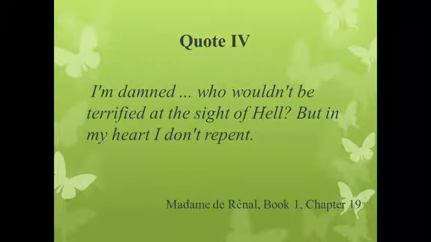And quote 4 is by Madame de Renal from Book 1, Chapter 19. "I'm damned, who wouldn't be terrified at the sight of hell, but in my heart I don't repent." Madame de Renal reproaches herself when her youngest son becomes seriously ill, thinking God is punishing her for adultery, and she tells Julien they must stop seeing each other.